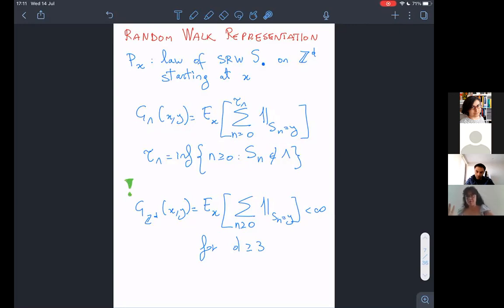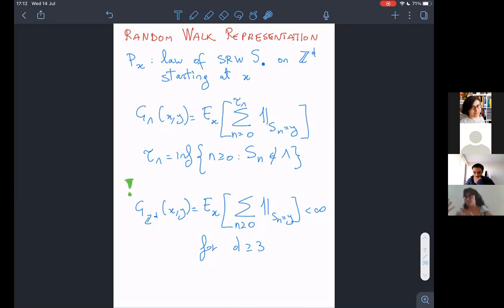And this average, this local time of the simple random walk, gives you a lot of information about the Gaussian free field. For instance, a one-line proof tells you that you can define a discrete Gaussian free field on the entire square lattice, so not just on a finite box, when you are in dimensions higher than 2. Because using the transience of the simple random walk, you can remove the condition of being killed upon exiting lambda.